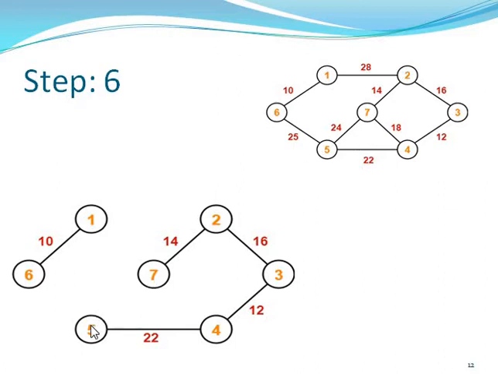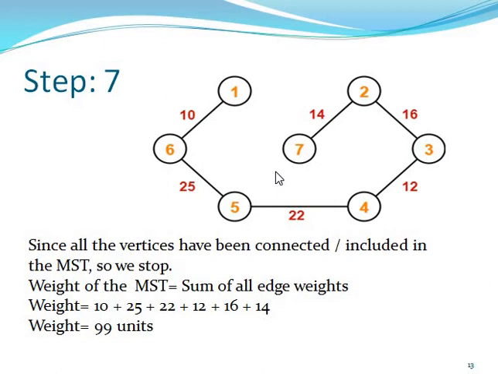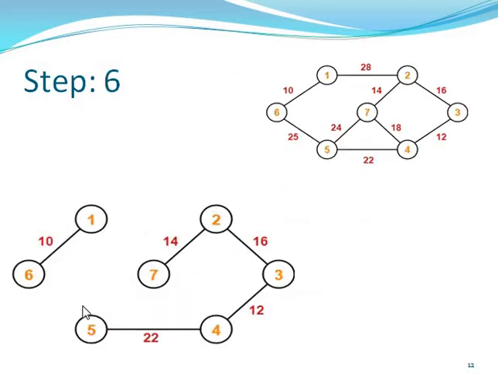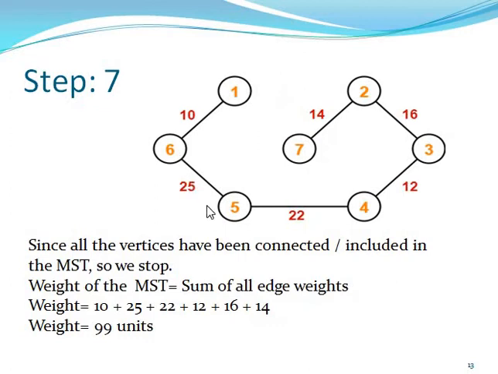If you connect 5 to 7, a cycle is created, so you can reject it. Finally you can create 6 to 5. You can show that here 6 to 5 is blank, and you can create 6 to 5. Then all the points are covered and we find the minimum weight for the Kruskal algorithm.